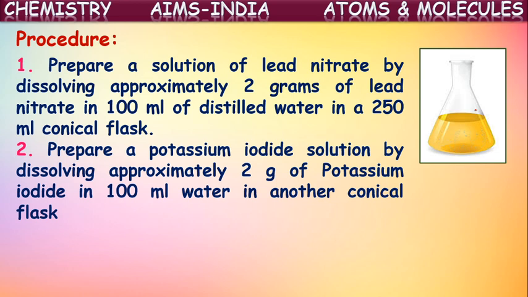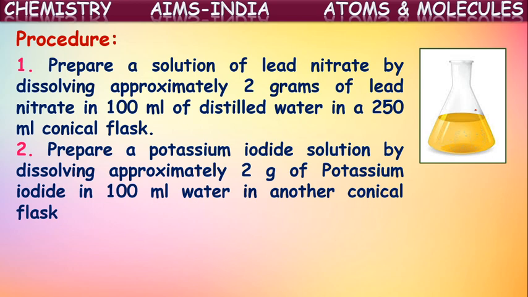In one conical flask, 2 grams of potassium iodide is taken, and in that 100 ml of distilled water is poured so that it forms a solution of potassium iodide. In another flask, 2 grams of lead nitrate is dissolved in 100 ml of distilled water so that lead nitrate solution is formed.